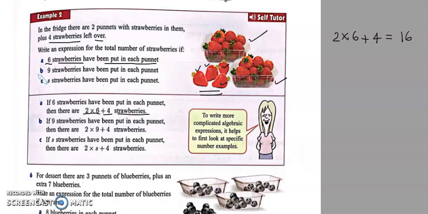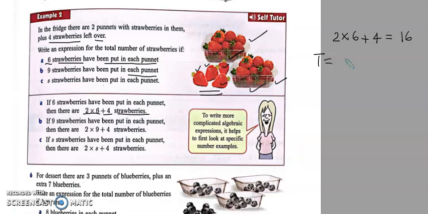Now in question B, it says 9 strawberries have been put in each peanut. So what will be the total number of strawberries? There are 2 peanuts. Peanuts are these containers in which strawberries are put.